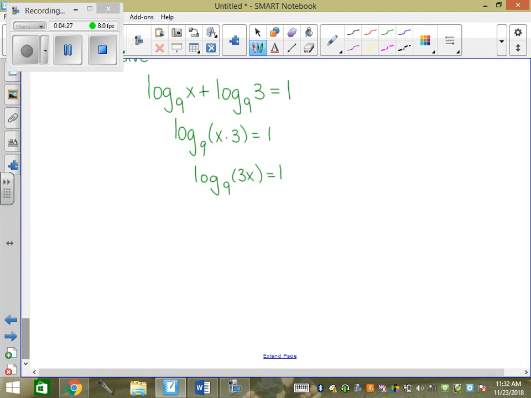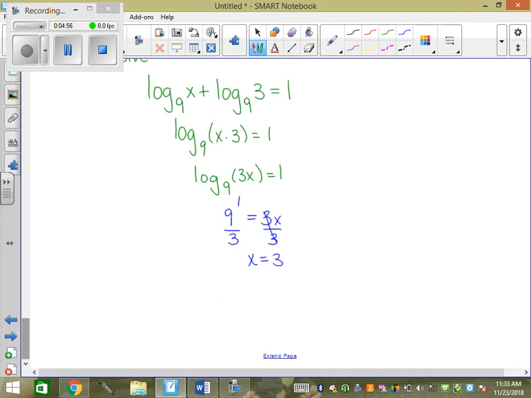And then what could I do? Just like the previous questions we had, I have one log. It has a 1 in front. What can I do now? Convert to exponential. So the base of my log becomes the base of my exponent, what's beside it becomes my exponent, and it equals 3x. Divide by 3, and x equals 3.